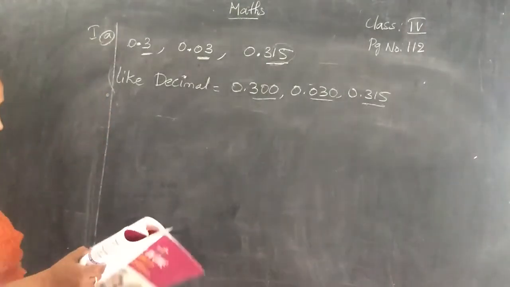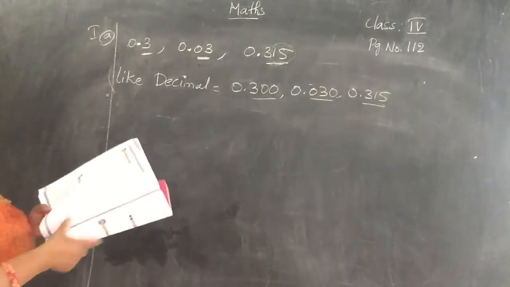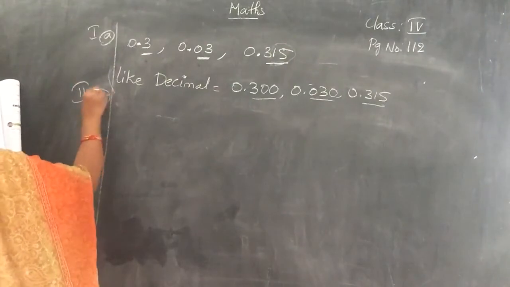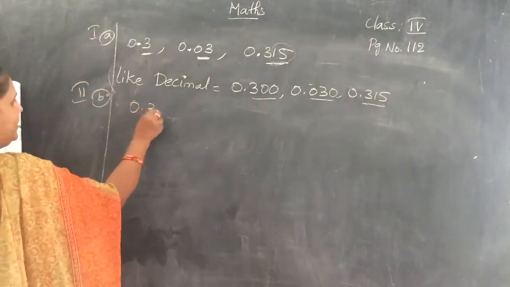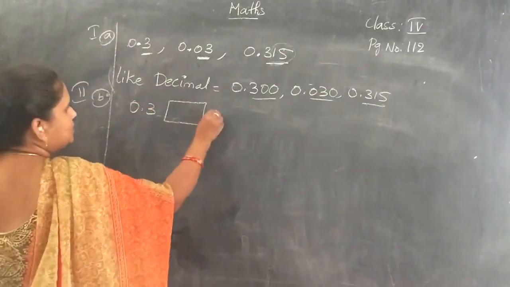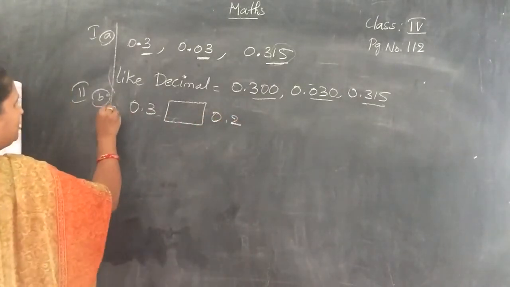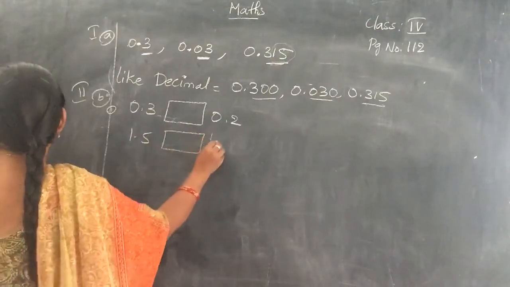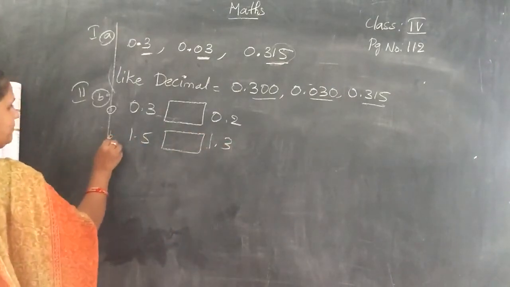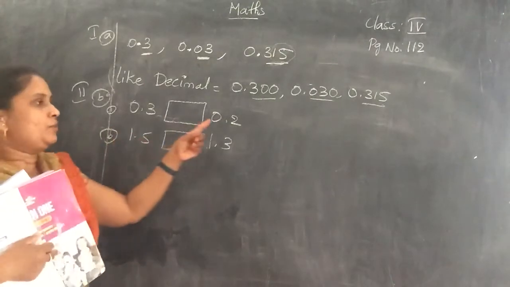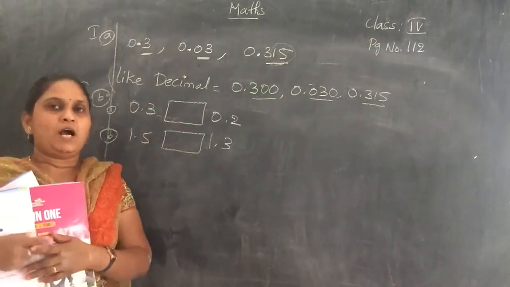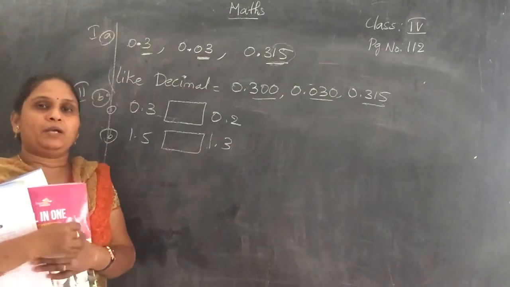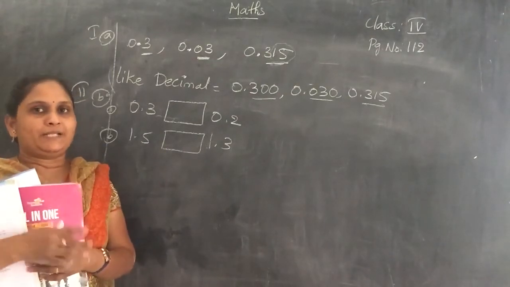Okay, next, second one. Put the correct sign: greater than, less than or equal to. B: 0.3, 0.2, next 1.5, 1.3. Now we will discuss arranging and comparing decimals in ascending and descending order.